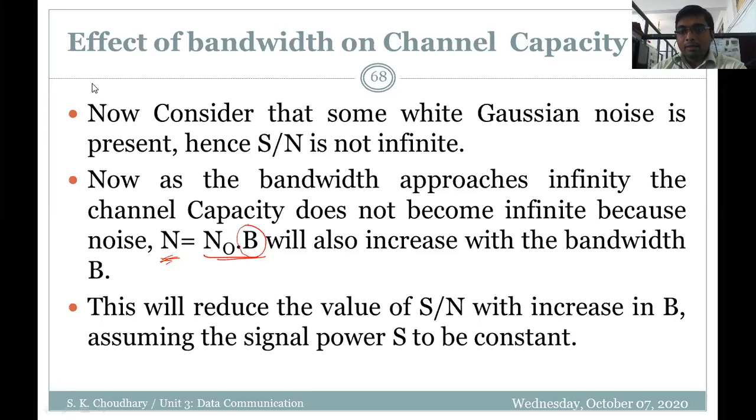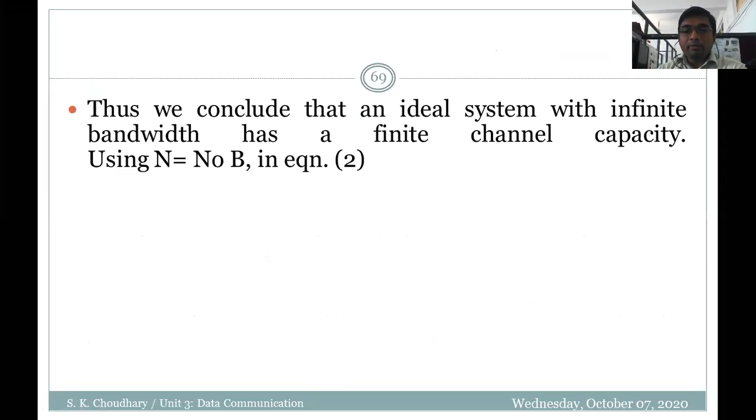If you make bandwidth infinity, still your channel capacity will not become infinite, because noise power also increases with the bandwidth. So in this way, we can conclude that an ideal system with infinite bandwidth has a finite channel capacity.